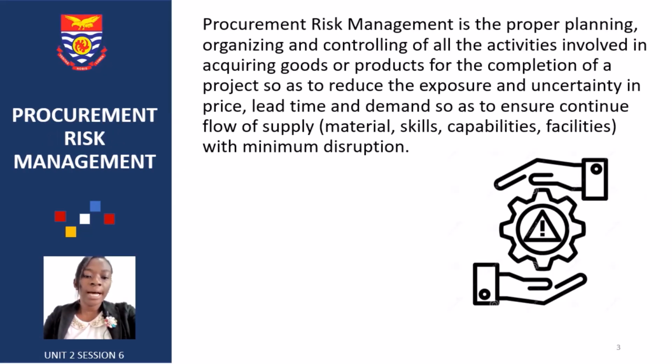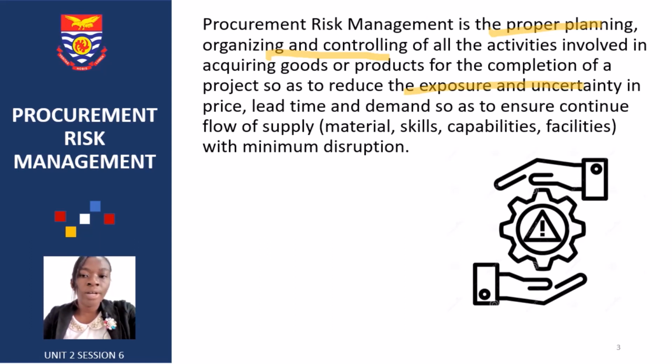So when we're looking out for procurement risk, what we're looking out for is that when we don't plan properly, we don't organize properly, we don't control properly the activities involved in our acquisition of goods and services and things to help us complete the project, then we're going to be exposed to what?